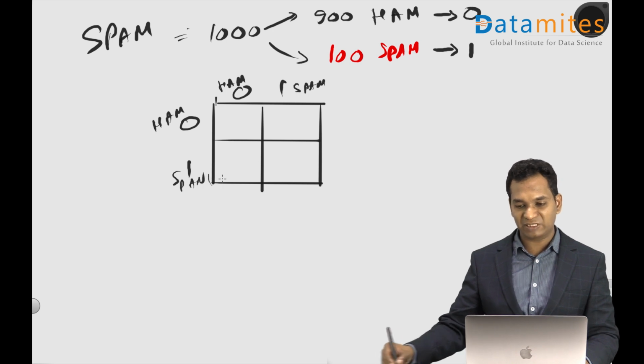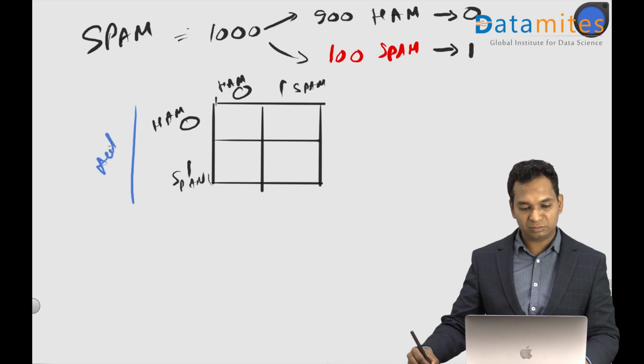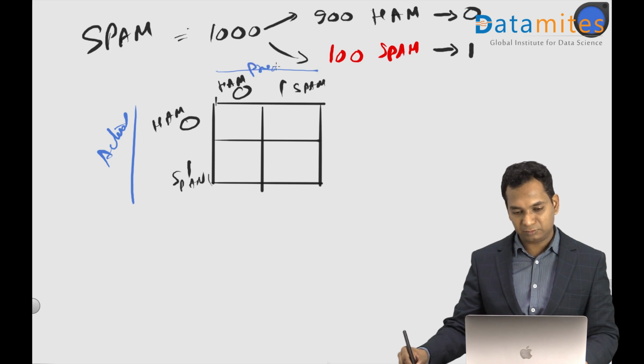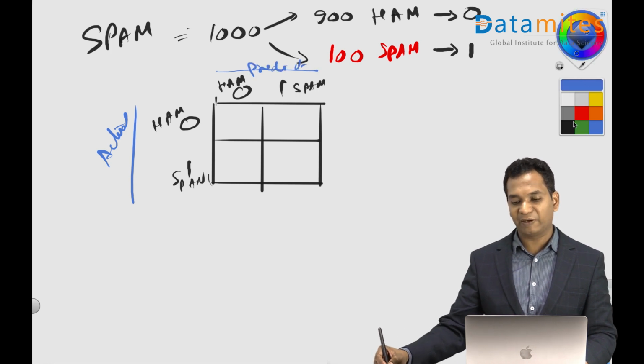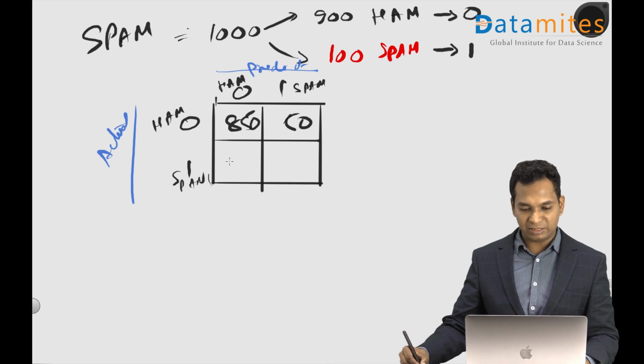And you know from our previous discussion of the confusion matrix, this is actual and this is predicted. I'm going to roughly put in numbers. Of the 900, 850, and let's say this is 50, and this is 10, and this is 90.